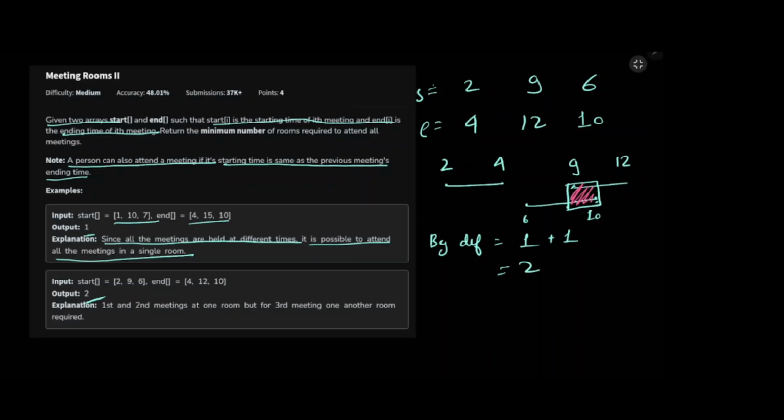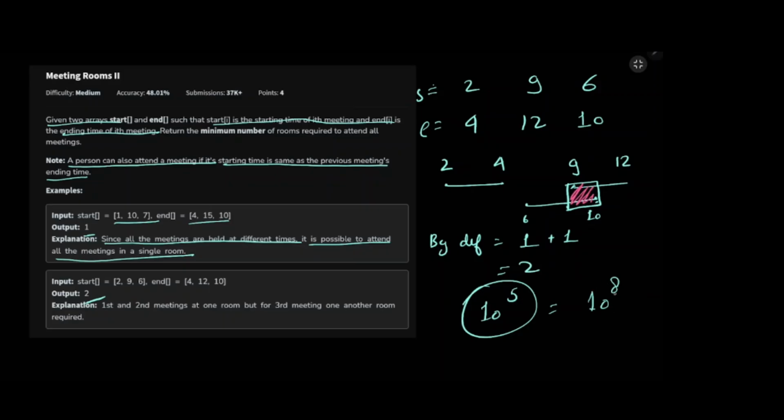But the thing is, we can draw it and find out, but for larger problems it can go up to 10 to the power 5, which we cannot just iterate. Most of the time these online platforms like LeetCode and GeeksforGeeks have an upper limit of 10 to the power 8 executions.